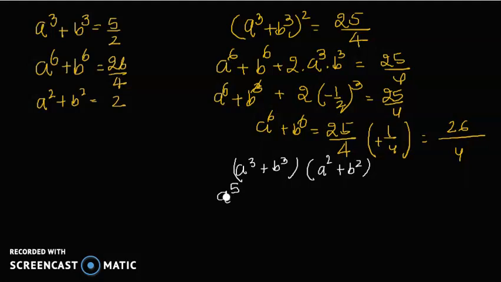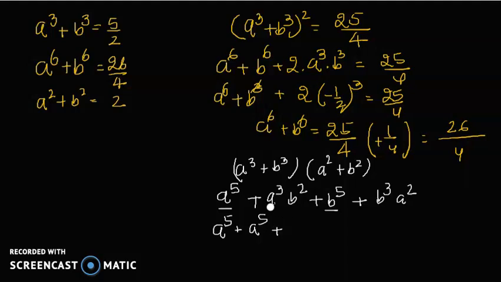I can straight away write a raised to power 5 and then a cube b square plus b raised to power 5 and plus b cube a square. So a raised to power 5 plus b raised to power 5 we can write separately, as we have to find the value of a raised to power 5 plus b raised to power 5, and a cube b square and b cube a square.